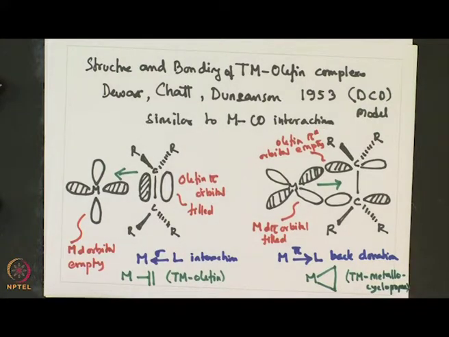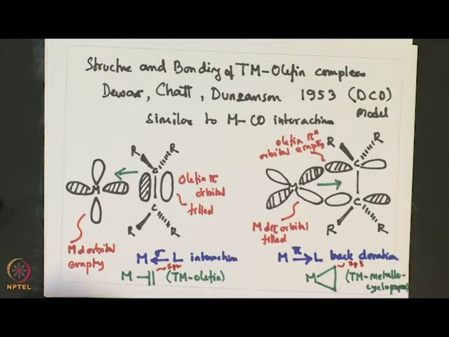Now, based on the type of structures that exist, because over here the hybridization of carbon is sp2, whereas over here it has become sp3.